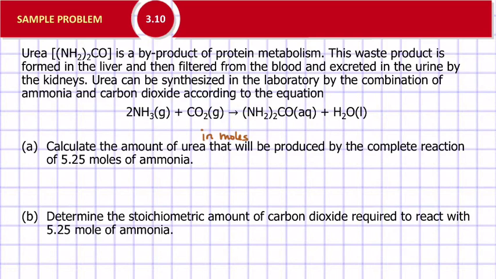These sorts of calculations, this is called stoichiometry, by the way. I don't think I defined it in the slides anywhere. Stoichiometry is looking at the relationships of amounts of reactants and products in a chemical reaction.